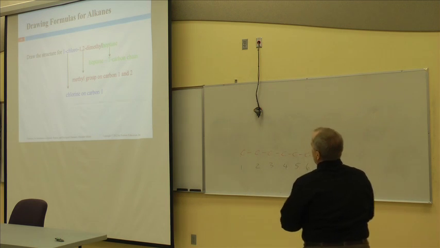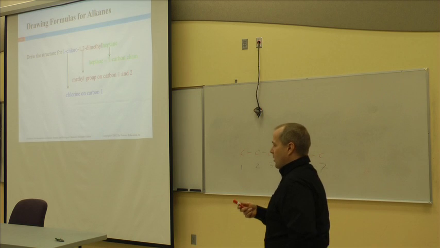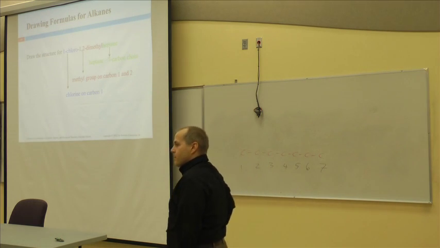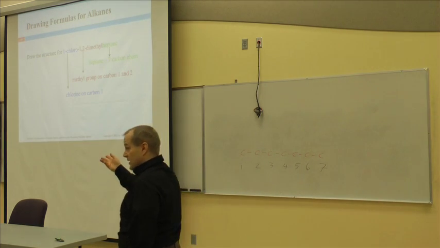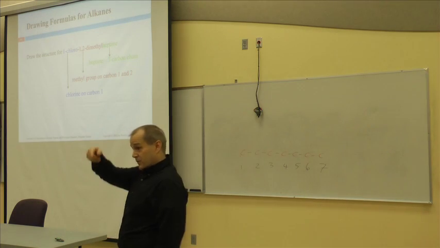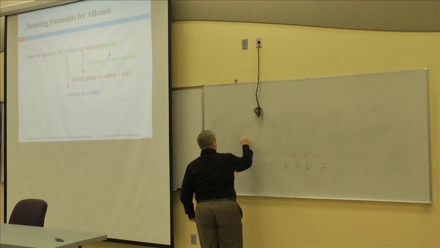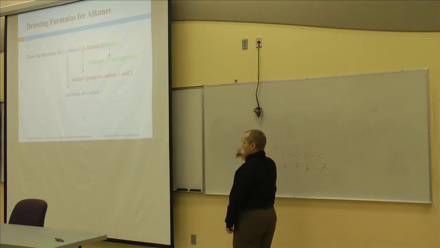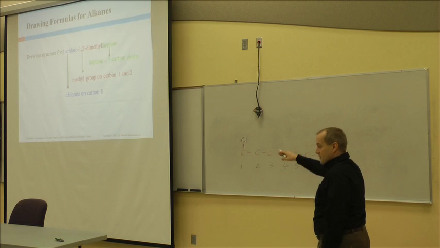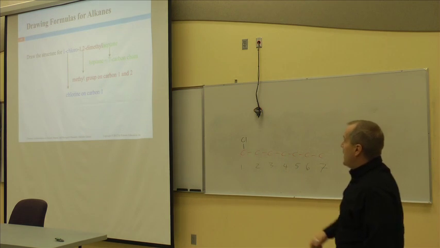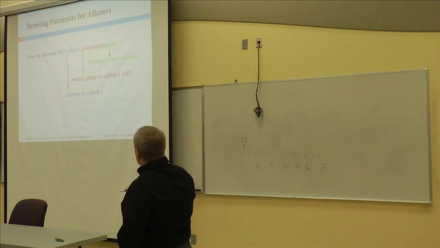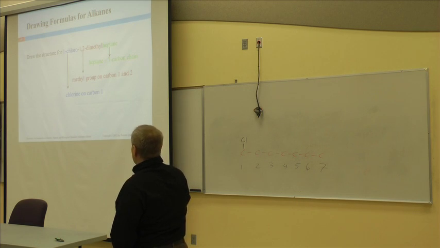Now, read the name. 1-chloro. What does that mean? There's 1 chlorine. Where is it? It's on carbon 1, or the first carbon. Very good. So we'll put a chlorine. It doesn't matter. Up, down, left. Doesn't matter. I put them up because it feels good. Could have been down. Doesn't matter. 1 chlorine. Now, what do we got here? 1,2-dimethyl.